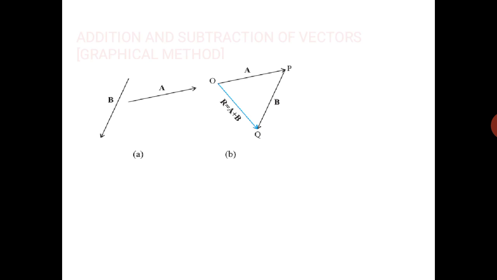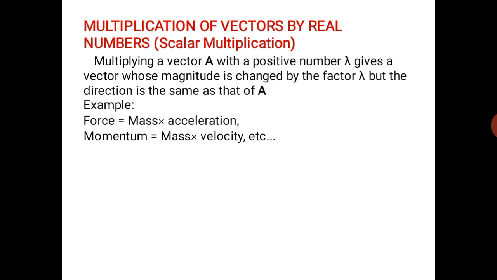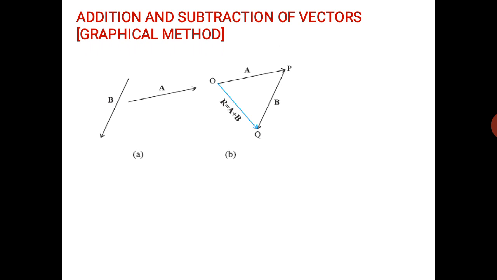Okay, so now by knowing about this, we go to the next topic: addition and subtraction of vectors by graphical method. Here it is very important to know clearly how to add two vectors.